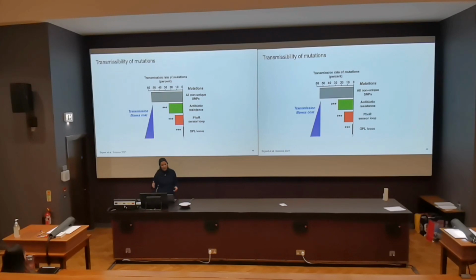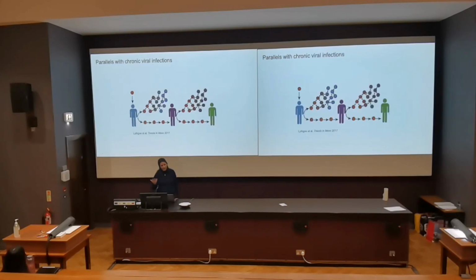So by surviving better in macrophages and causing more disease, it actually means that they don't seem to transmit as well, don't spread on to other people as well. And this was something that's been observed for other chronic viral infections, particularly HIV, where it's been found that there's rapid diversification within a host, but it's actually the ancestral strain that hasn't undergone all the diversification that actually spreads onto other people.